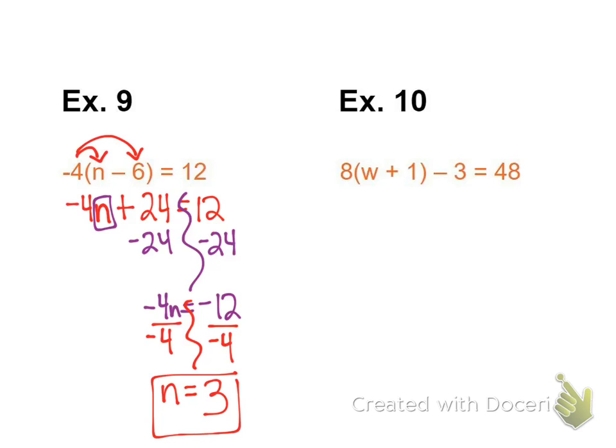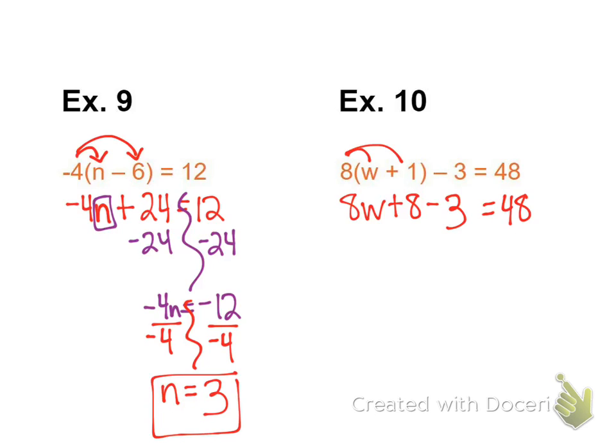All right, on number 10, what's the first thing I should do? Distribute that 8. When I distribute 8, what do I get? 8w plus 8. What else is still there? -3 equals 48. Now what am I able to do?